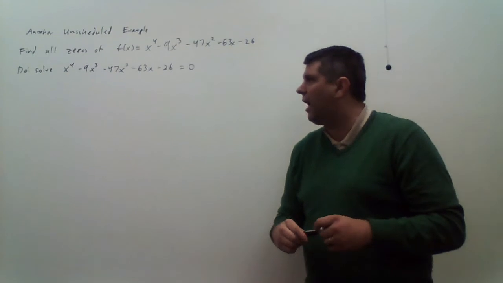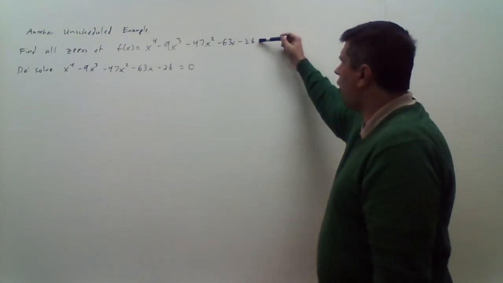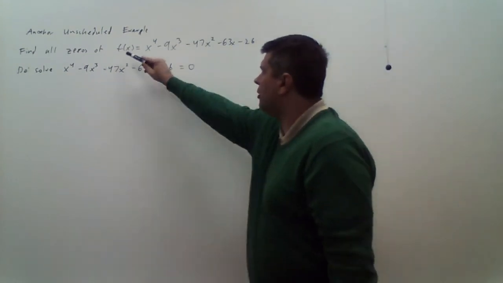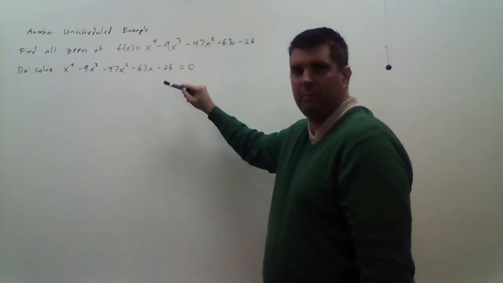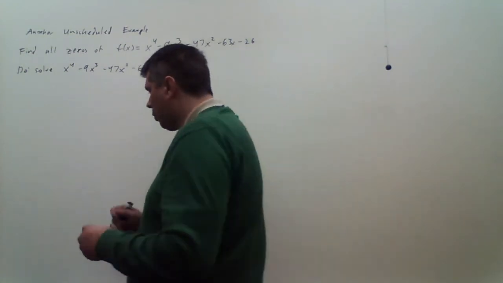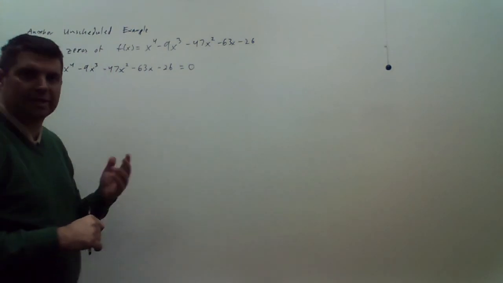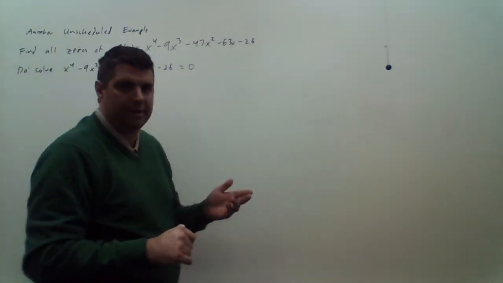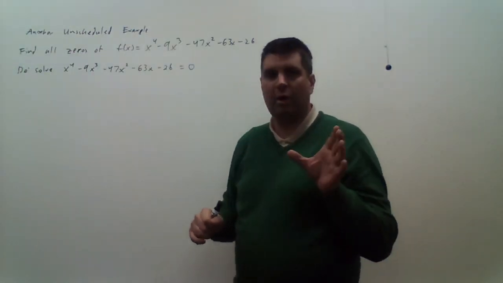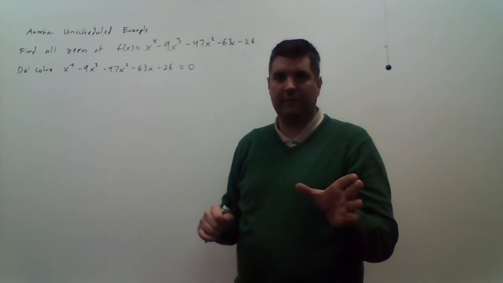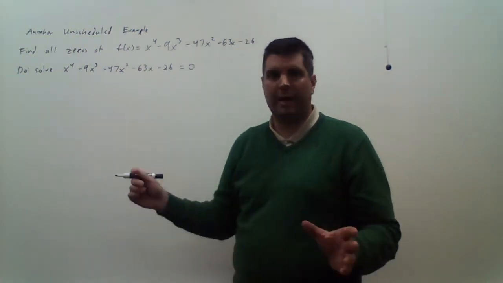All right, I'm back in a classroom at Franklin. If I want to find all zeros of this polynomial, I would set the polynomial equal to 0. Now you may have done quartics before, where you let u equal x squared and substituted, but that method only works if you have even powers of x. We have odd powers of x, so that method wouldn't have worked.